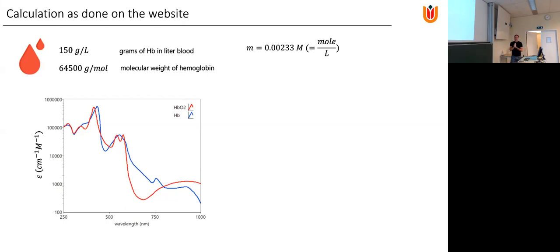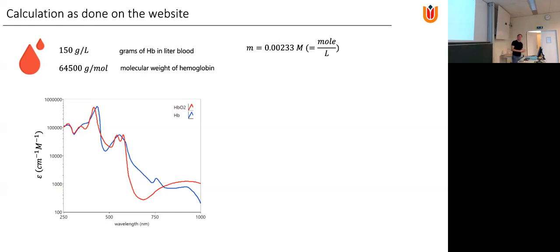Okay, then the second thing is what do we know about blood? We get the molar extinction coefficient, and we want to convert that into an absorption coefficient, so we have to know some of the properties of blood. Typical properties are 150 grams of hemoglobin in a liter of blood, really in the blood sample as you would draw it, so not in solution.